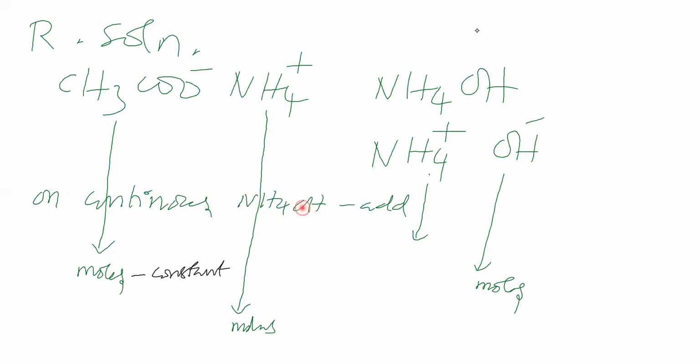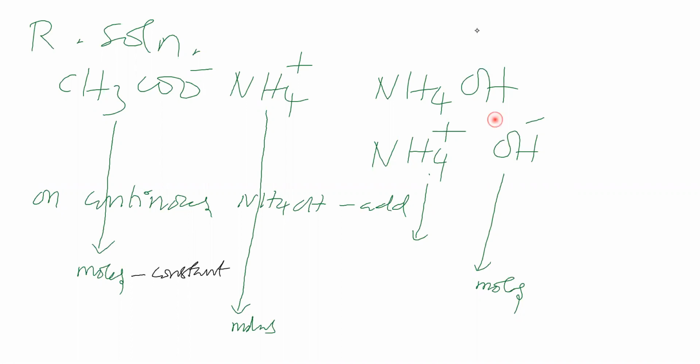Ammonium hydroxide is coming into the resultant solution, so its number of moles goes on increasing. Ammonium hydroxide undergoes partial ionization, therefore we get ammonium ions and hydroxide ions.